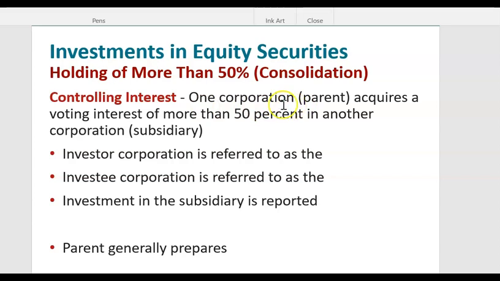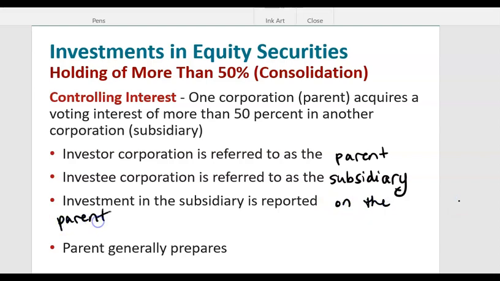So one corporation, we call it the parent, acquires a voting interest or controlling interest of more than 50% in another corporation. We call that the subsidiary. The investee corporation, the one whose stock is being sold, is referred to as the subsidiary. And the investment in the subsidiary is reported on the parent's balance sheet as a long-term investment.